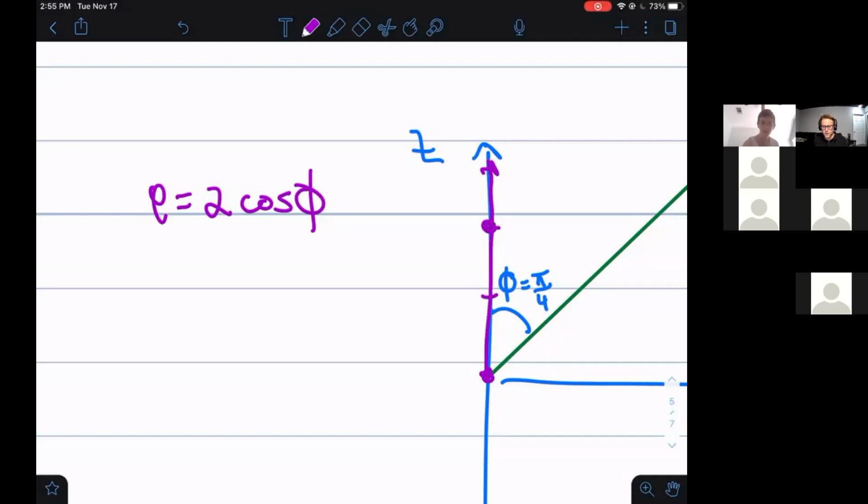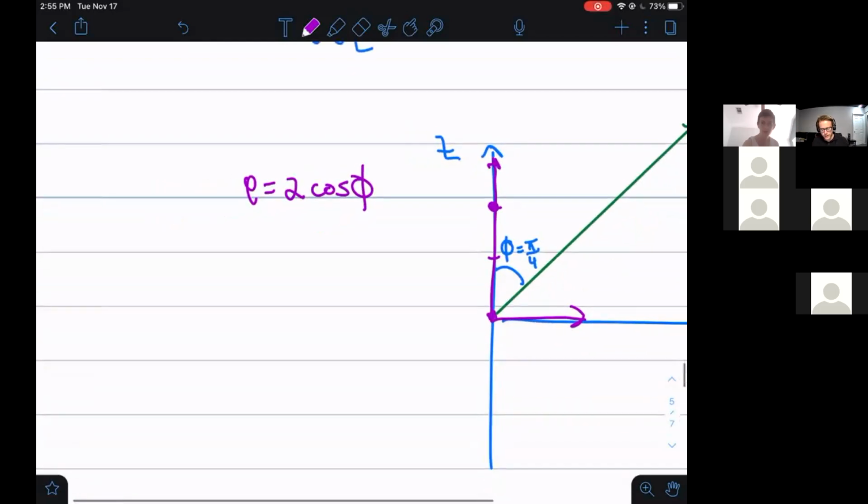And as your phi increases, phi equals pi over 2 would be pointing in this direction. If you plugged in phi equals pi over 2, cosine of pi over 2 is 0, so you would end up intersecting the origin here. You're going to get a circle that has, again, a diameter of 2. Or another way to say that is a circle of radius 1.